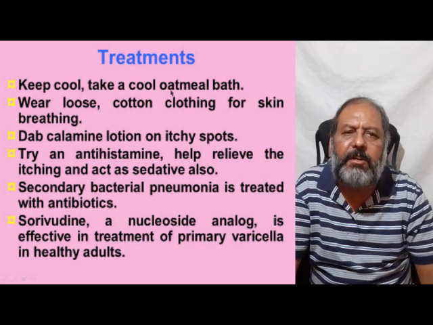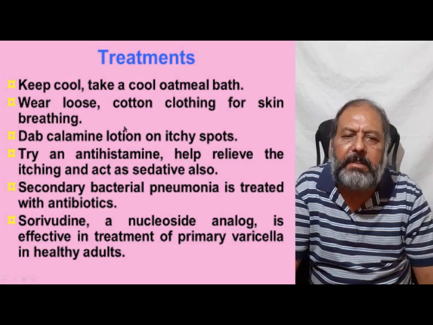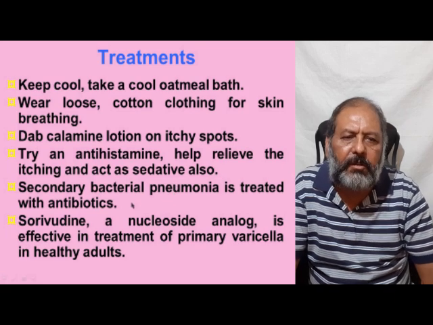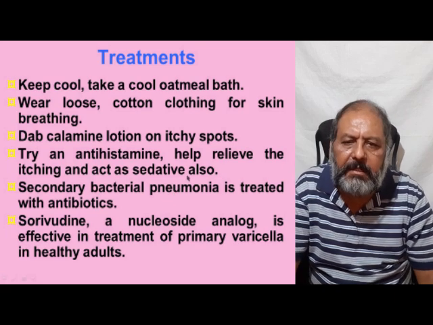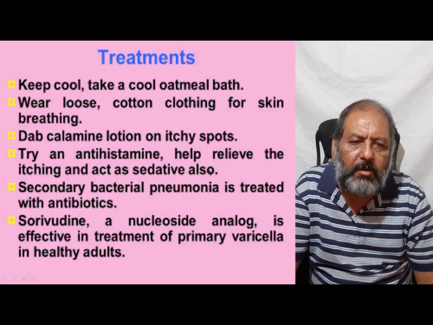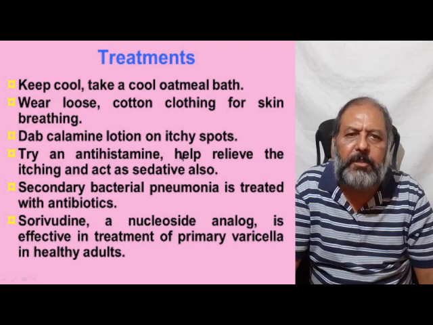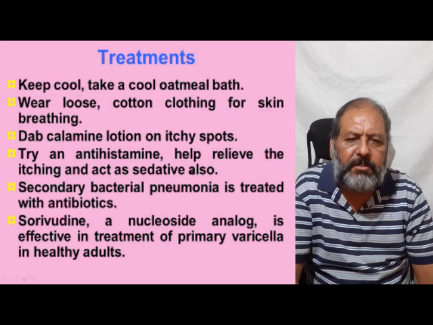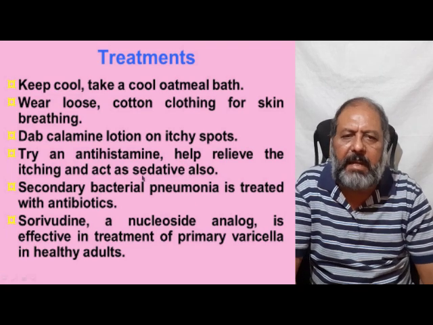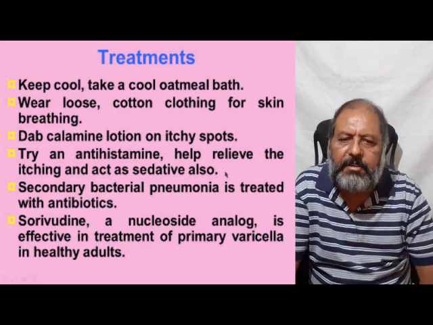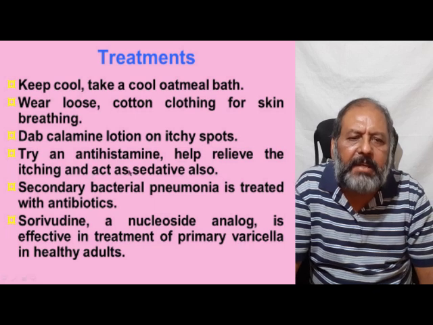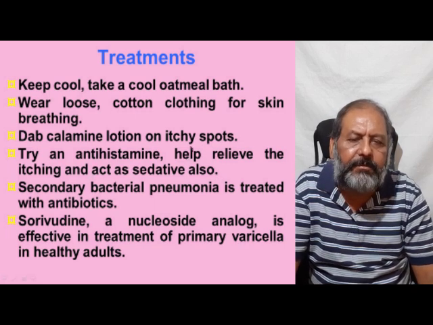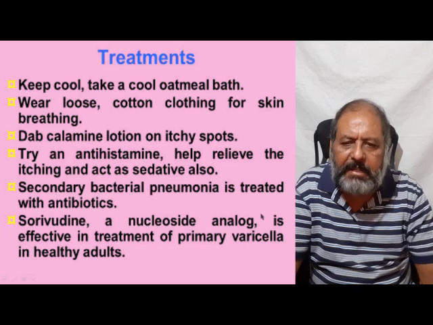Now, continuing the treatment: keep cool, take a cool oatmeal bath, wear loose cotton clothing for skin breathing, and dab calamine lotion on itchy spots. It is being used by many authorities, but still there is no proof whether it helps or not. Try an antihistamine. It helps relieve the itching and it also acts as a sedative to give you proper sleep.